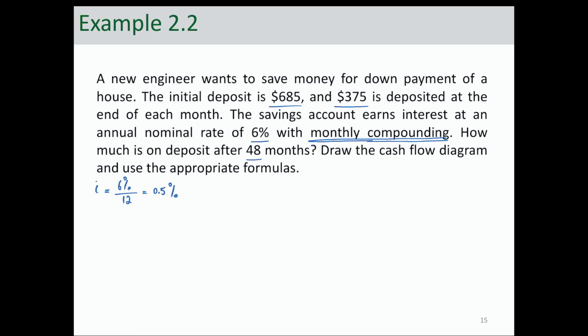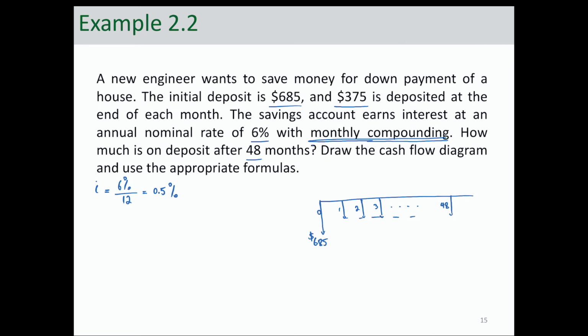The cash flow of this problem, let's go through that. We have 48 periods, so starting with 0, 1, 2, 3, all the way to 48. At 0, we're depositing $685, and each month we are paying the same amount of money, right?